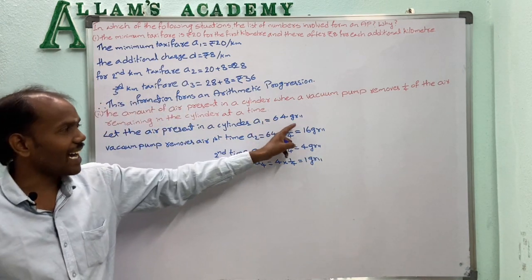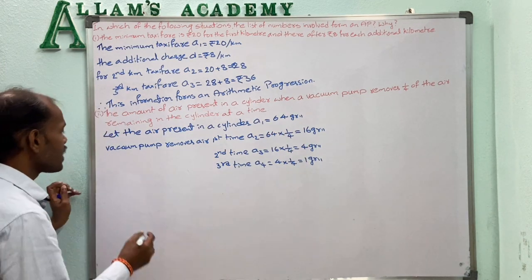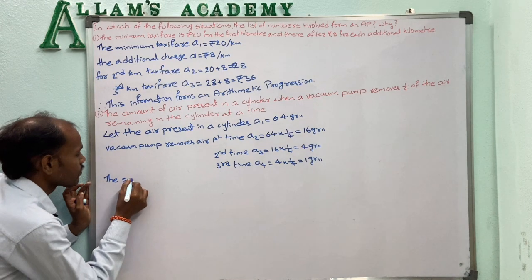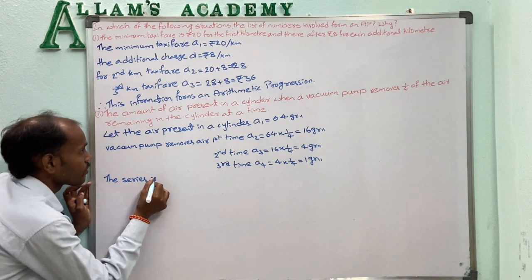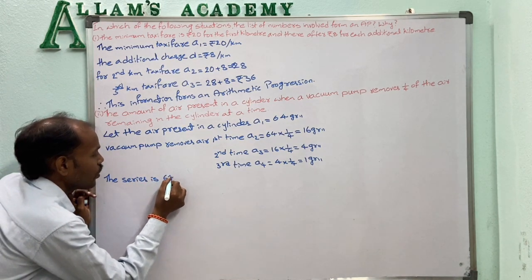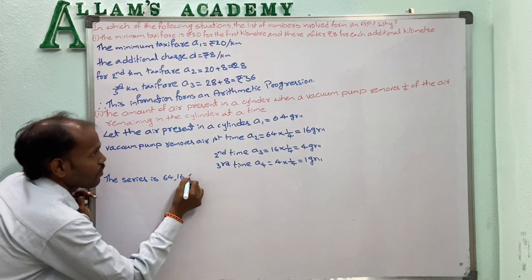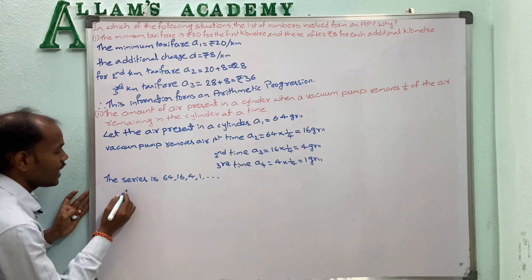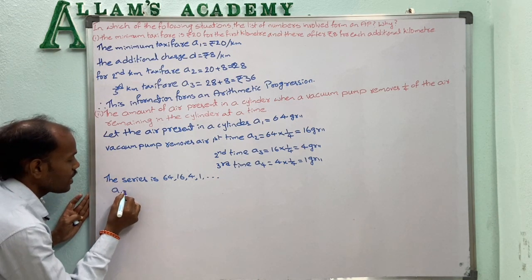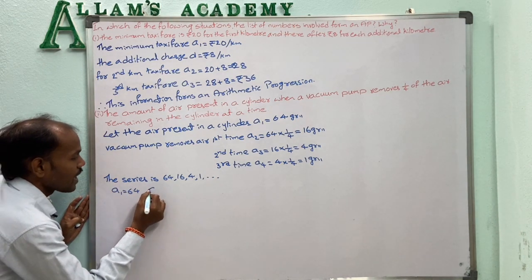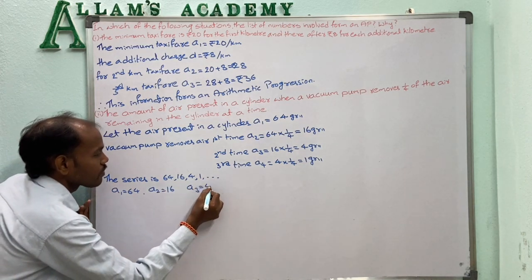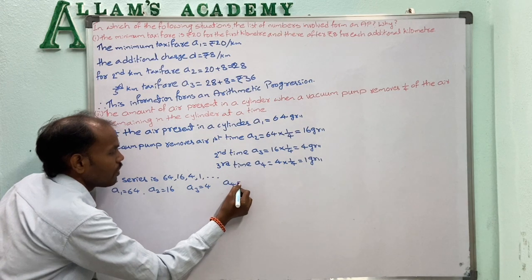Now we write all the numbers as a series. So the series is 64, 16, 4, 1 and so on. Now here the first term is 64, second term 16, third term 4, fourth term 1.